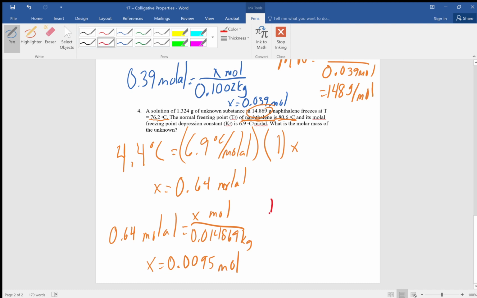Finally, to find the molecular weight, we just need to take the mass of the solute, 1.324 grams, divide that by the moles that we just calculated, and we get the molecular weight of 139 grams per mole.